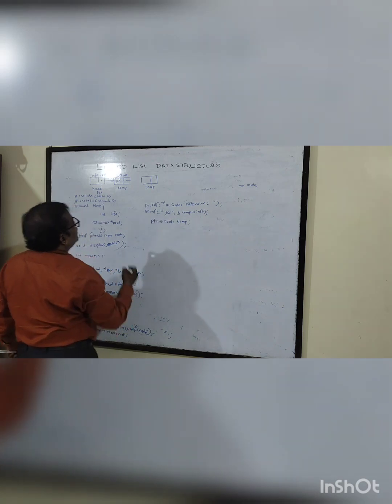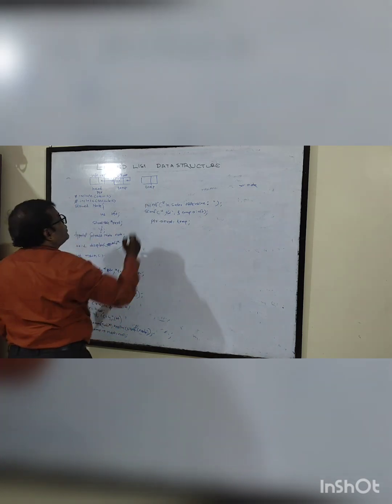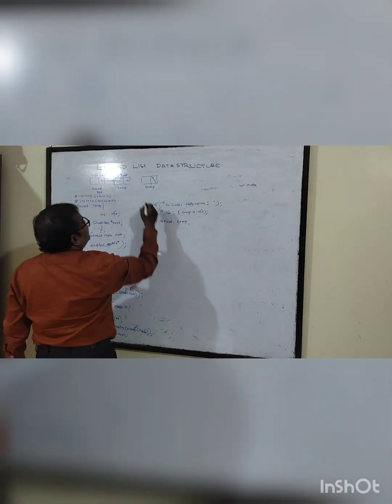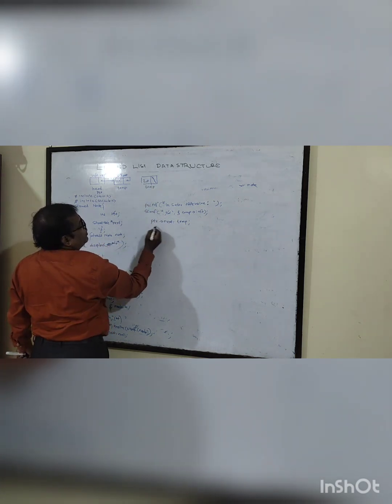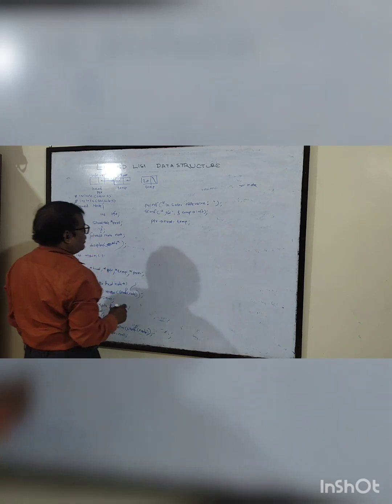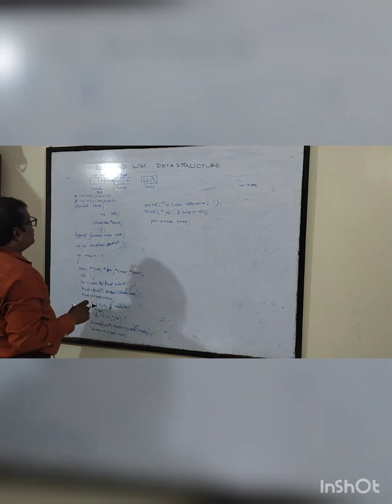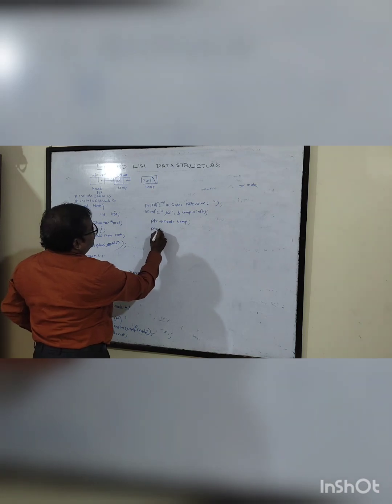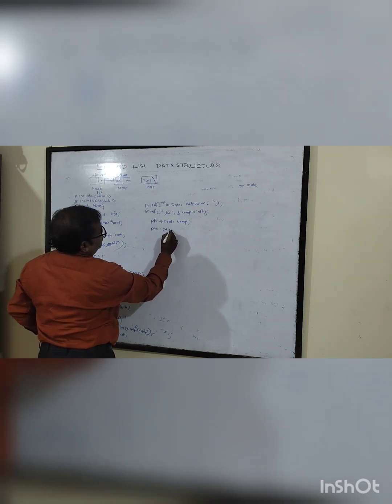Once again enter the value, and temp of next equal to null, I specified here. Then I write the value 20 and PTR of next. So now we have to move the PTR. Now I will write PTR equal to PTR of next.